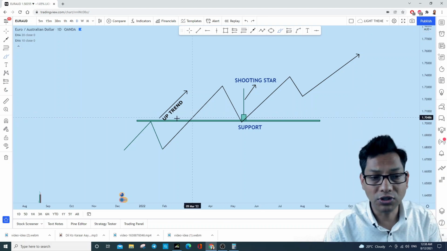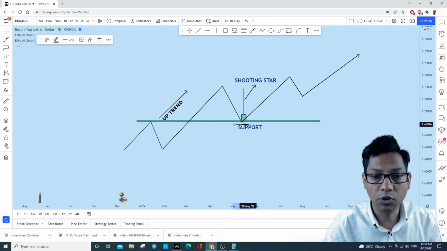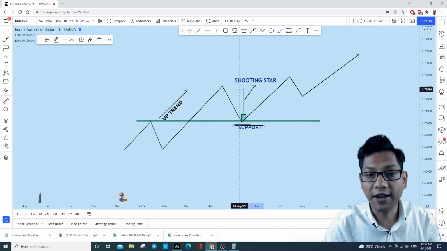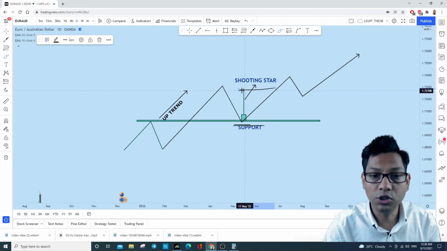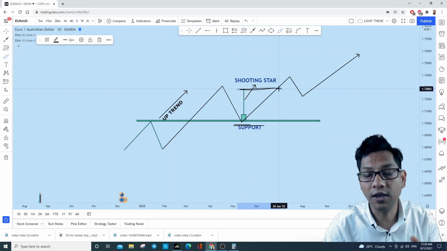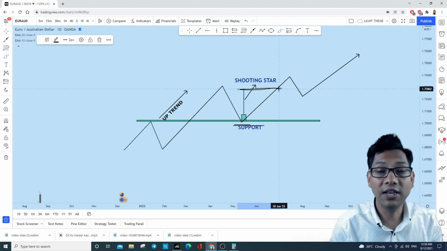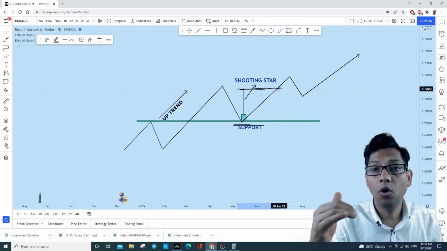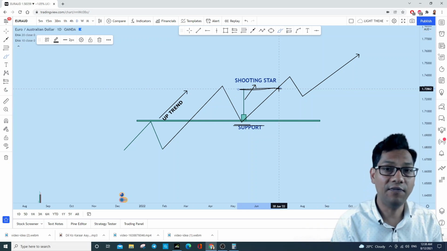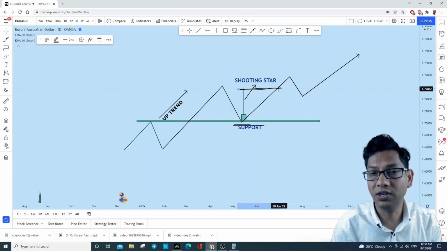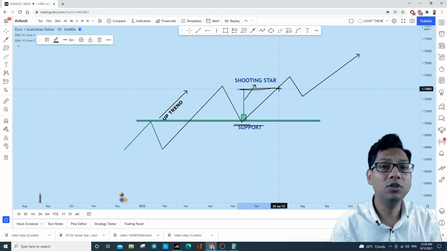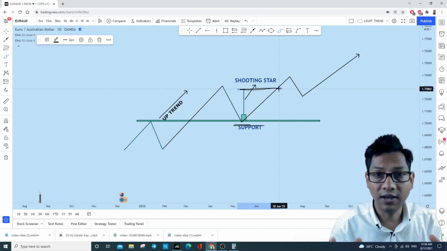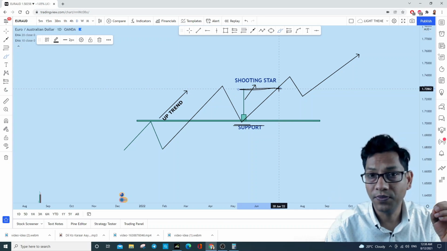Your stop loss definitely goes below this previous swing low, and you take profit at least at the top of this wick. If it is 1 to 3 risk to reward at least, or 1 to 2 risk to reward, or maybe higher than this if you have a strong mind to hold the trade, but at least 1 to 2 or 1 to 3 risk to reward ratio you need to find.